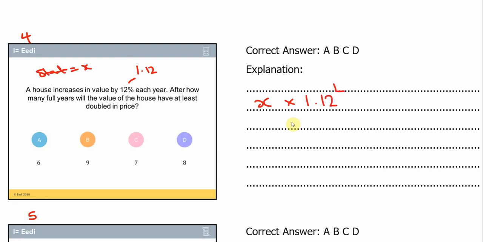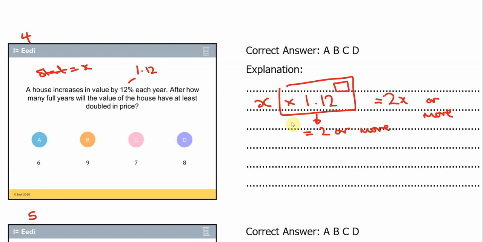1.12 to something years. And what we want this to be, well, we want it to say 2x or more, because that'll have doubled this x. So if we want this to be 2x or more, we actually want this bit to equal 2 or more.